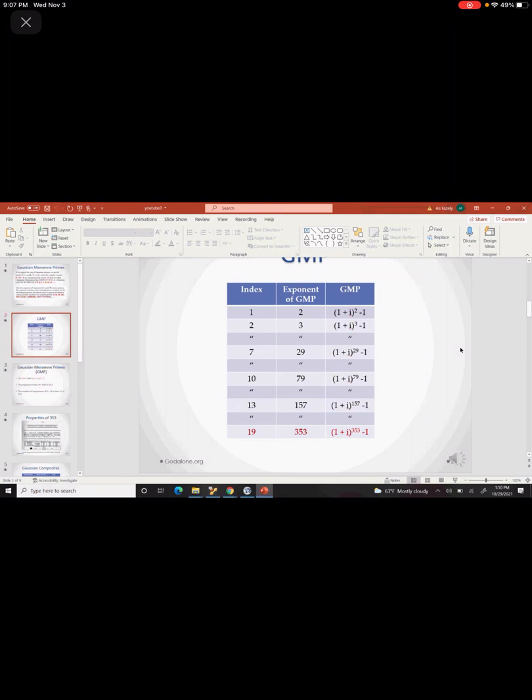Okay, that means that (1 plus i) to the power of 353, then you subtract 1 from that. That will give you a number. When you get the magnitude of that number, it becomes a real number, and that's a prime number. That's a Gaussian Mersenne prime. And that exponent happens to be 353. Okay.